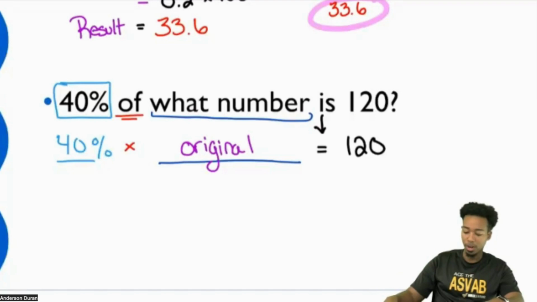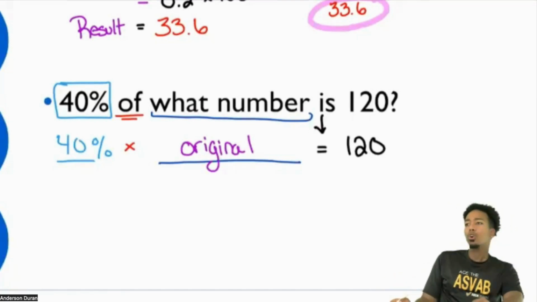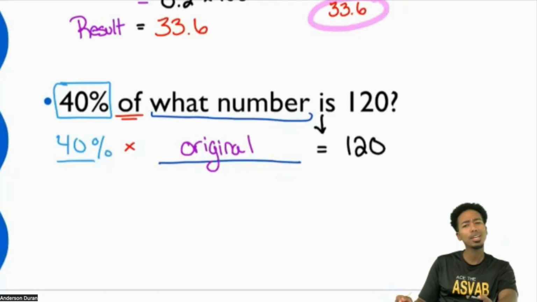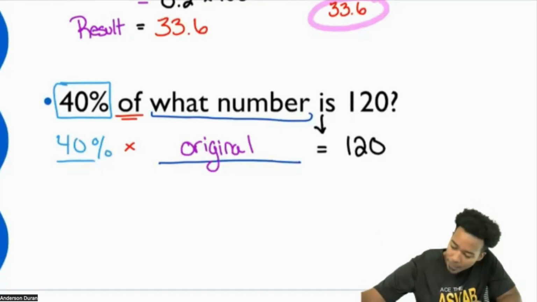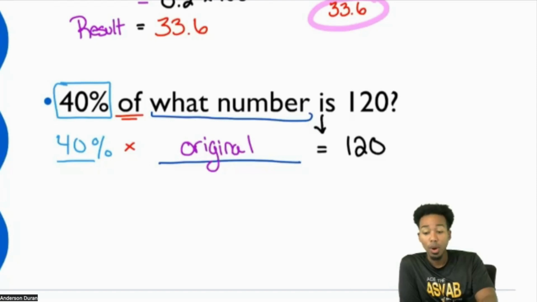So here we go. I'm going to say 40% times the original equals 120. Quick question, everybody. If I'm trying to set this up the right way, what do I need to do with that percent again? Well, we're going to turn it into a decimal. Everybody, 40% is what as a decimal?